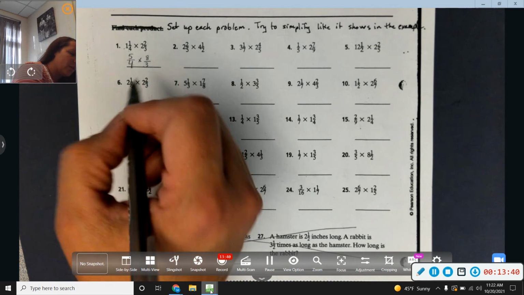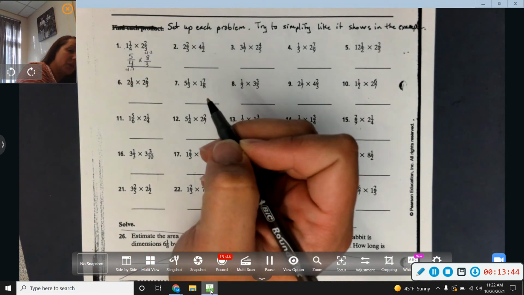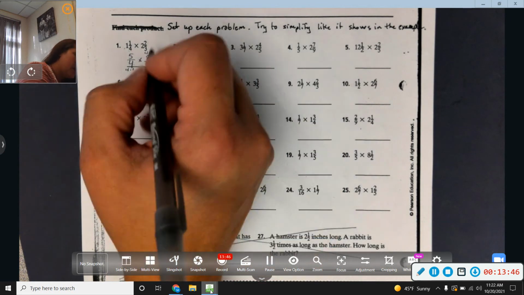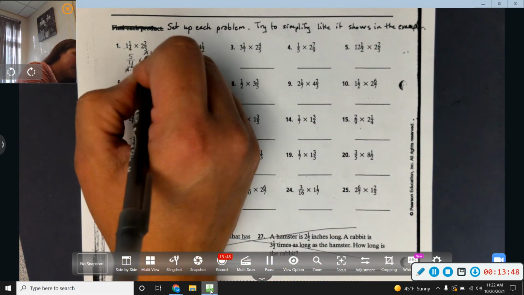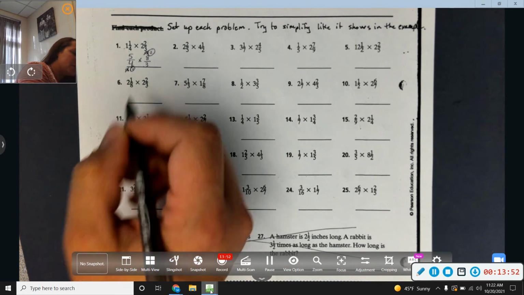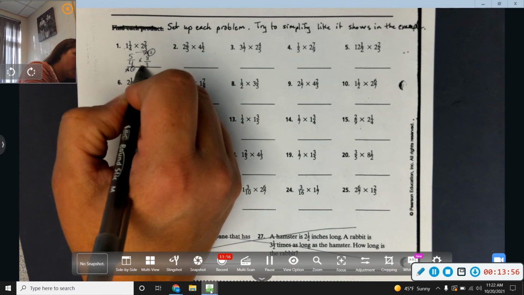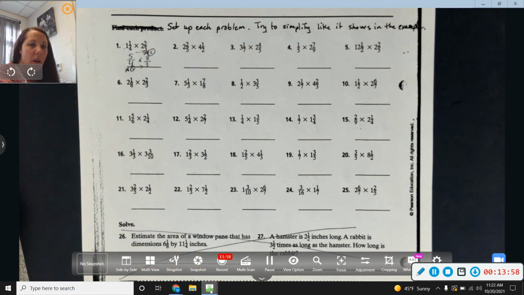I can divide a 4 out of both. 4 times 1 and 4 times 2. Okay? I cross off the one that's the same. I keep the other. So now when you multiply, you would multiply straight across. Now she doesn't want us to solve these. She just wants us to show the simplifying. Okay?